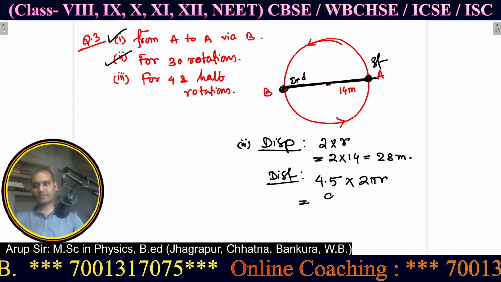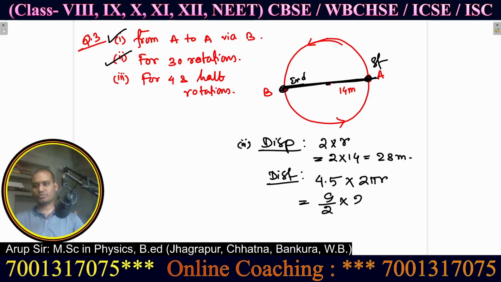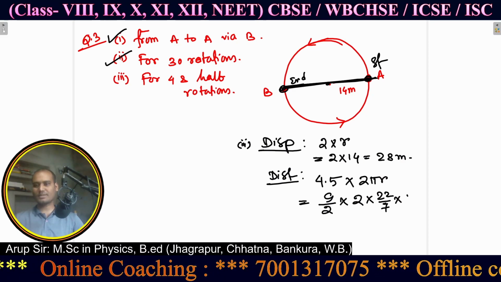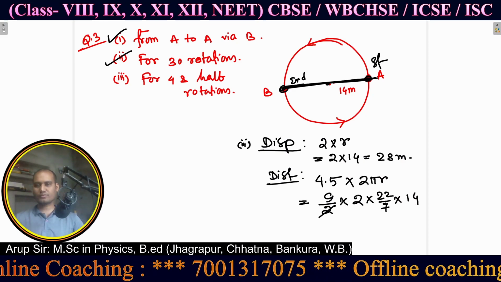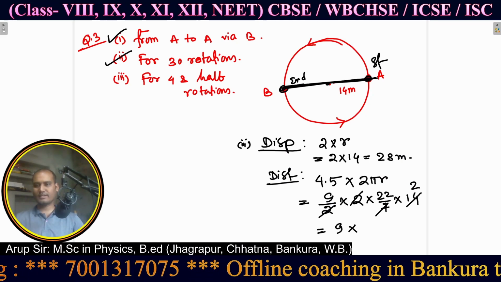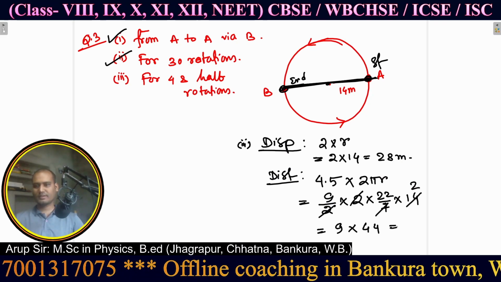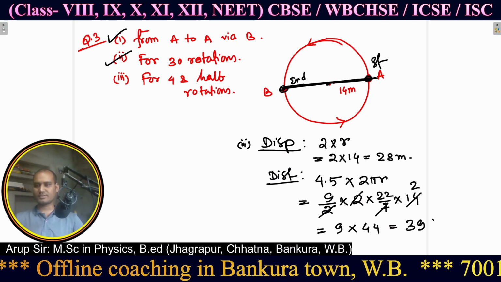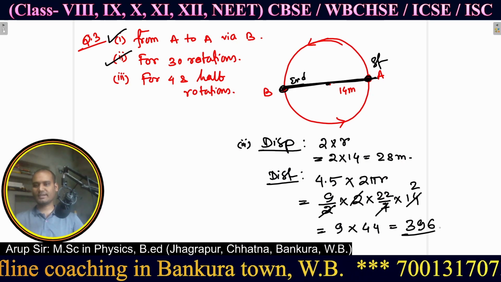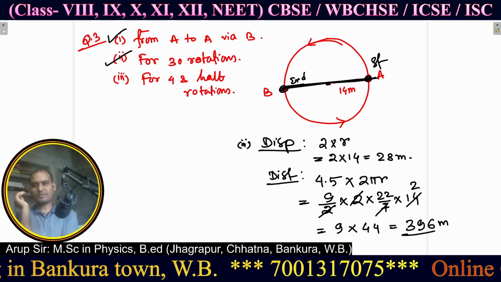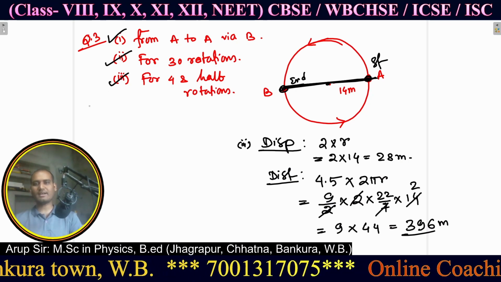Means 4.5 is 9 by 2 into 2 pi r, pi means 22 by 7 into r means 14. So 2 will cancel, 14 will cancel by 2, 9 into 44. 9 4s 36, 396. So 396 meter. This is the value of distance for these 4 complete and half rotations.